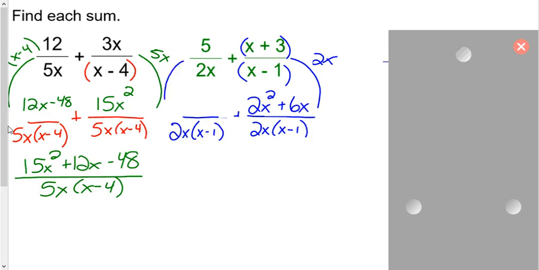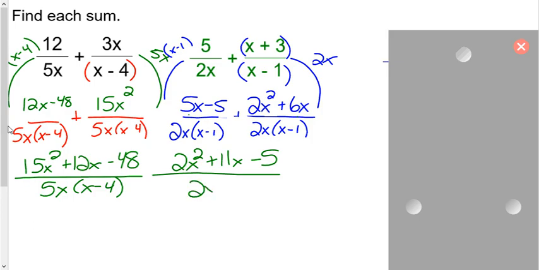So you're going to get 2x squared plus 6x. On the left side here, we are multiplying by x minus 1, so we're going to distribute that and get 5x minus 5. And so when we come down here to add our like terms, squared term goes first, so we get 2x squared. Add the 5x and the 6x together to get 11x minus 5.